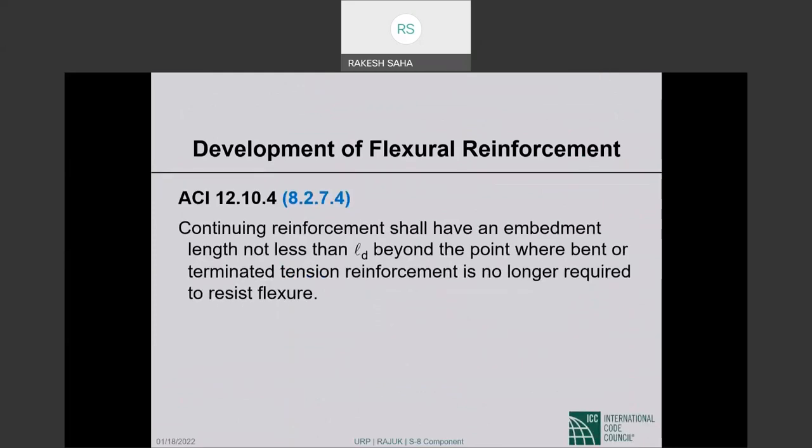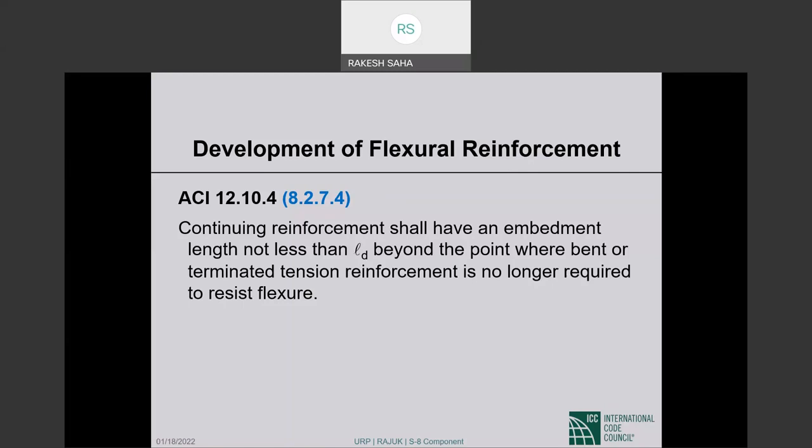Continuing reinforcement shall have an embedment length not less than L sub d. So there are bars that are cut off, and then there are bars that are continuing. Continuing reinforcement shall have an embedment length not less than the tension development length beyond the point where bent or terminated tension reinforcement is no longer required to resist flexure.